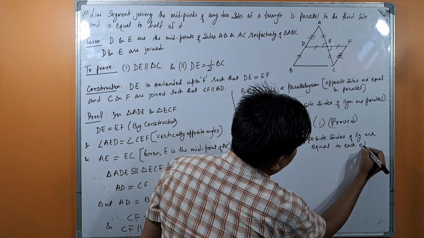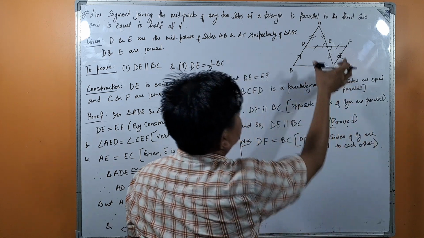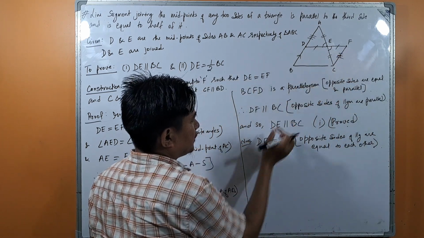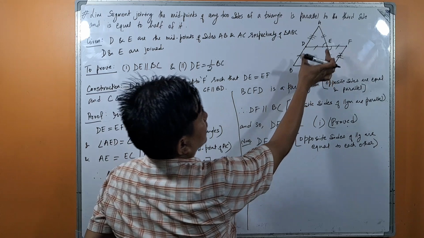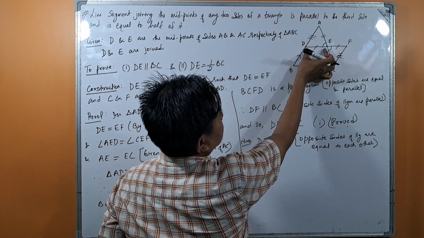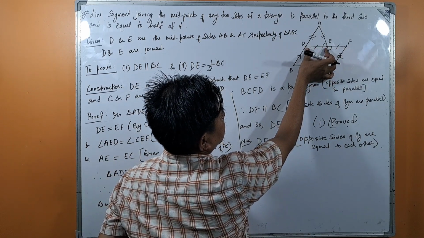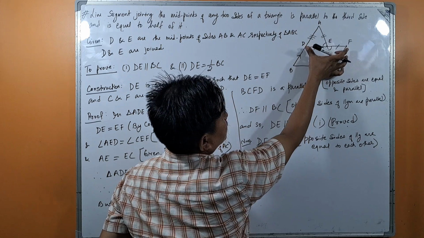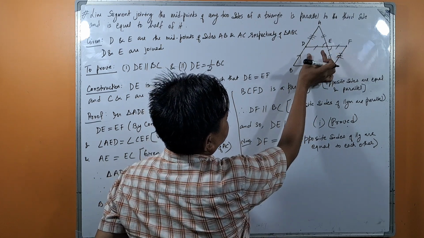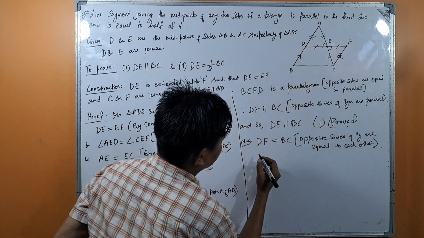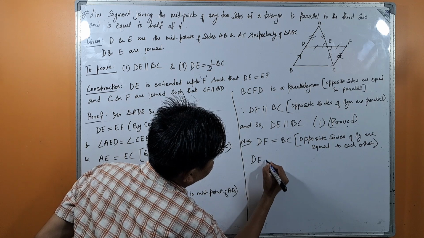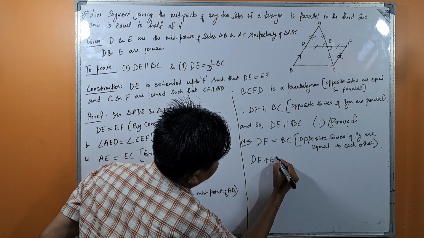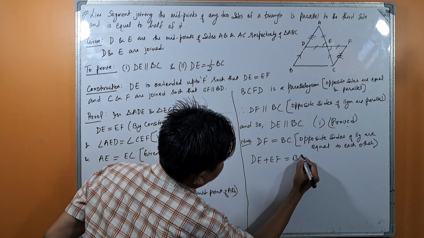So we can say DF is equal to BC. But DF is equal to DE plus EF. DE plus EF will give us DF, isn't it? So instead of DF we can write DE plus EF. DE plus EF equal to BC.